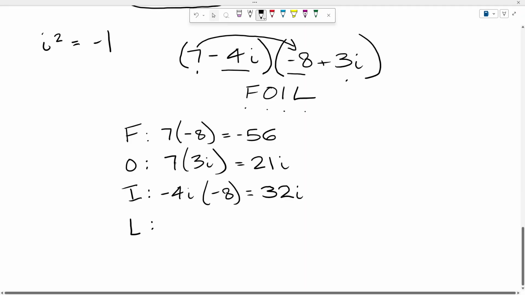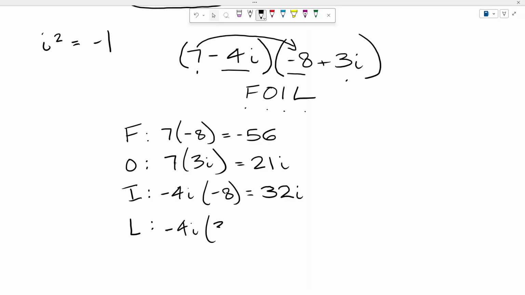So we have -4i, and then taking that times the 3i, last term in each set of parentheses. So -4i times 3i. That'll be equal to -12i, and then note that each term has an i, so i will be squared for this one. All right, so we FOILed the entire thing.